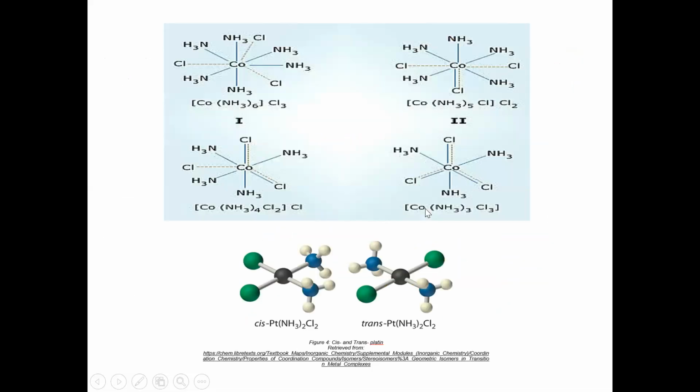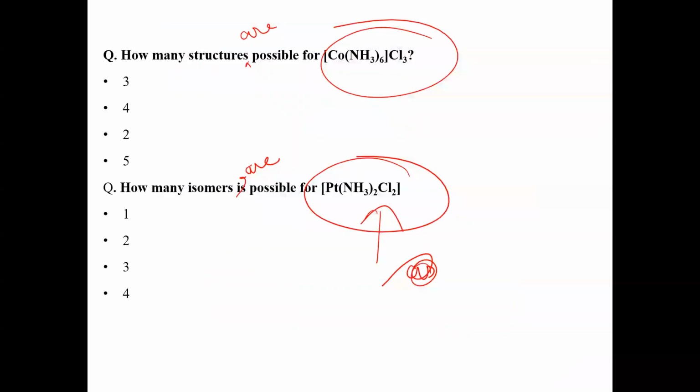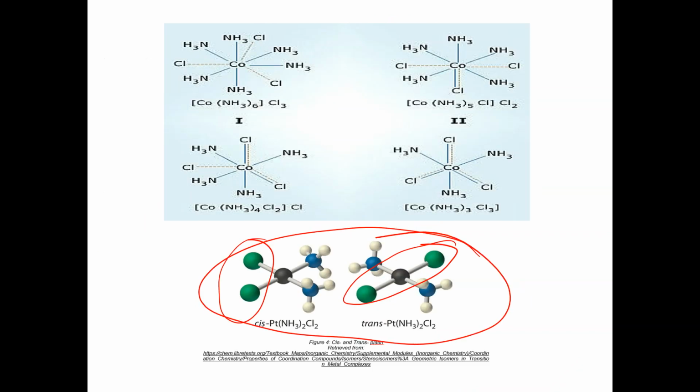Okay, so basically, first I'll discuss the second one. You will be getting these two structures. In the first one, you are getting the cis chloride ions, and in the other one there are trans, right? It is basically a square planar complex. So you will be getting the two structural isomers. And what about the second one?